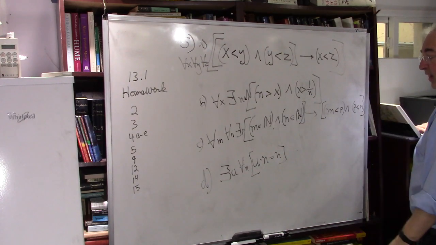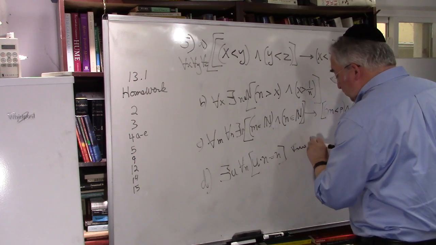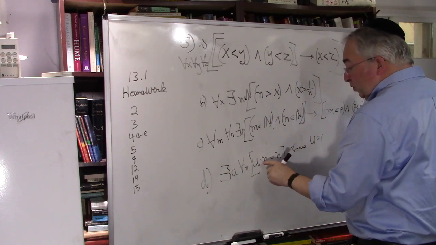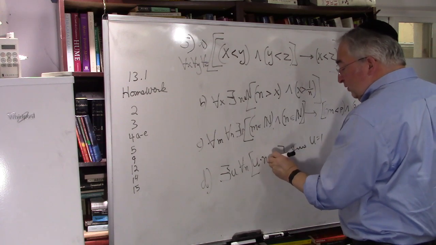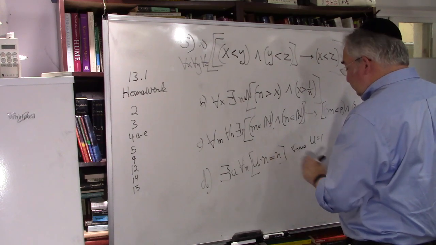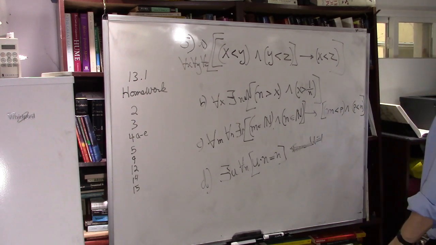Anyways, the answer is yes. This is true. What is it? U equals 1. 1 times n is equal to n. Is that true for everything? What about 0? 1 times 0 is 0, so it's not true, it's false. Okay, great.